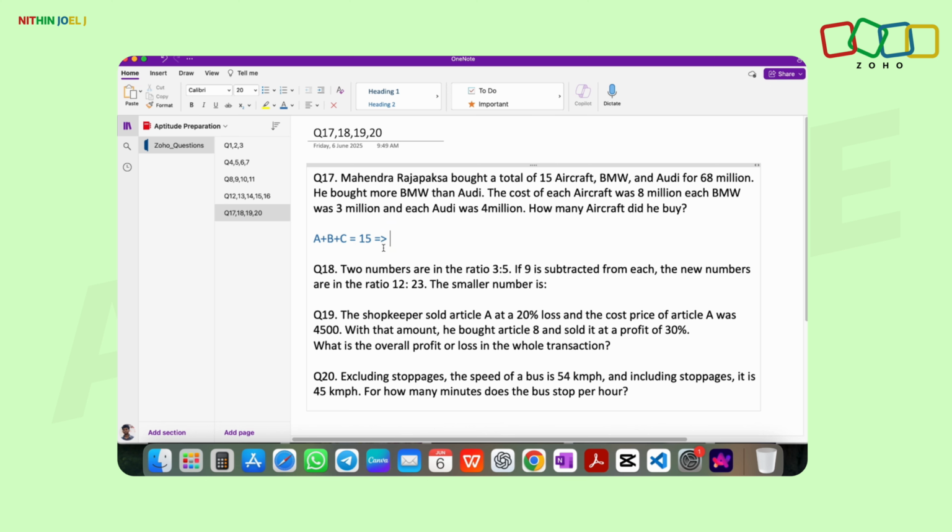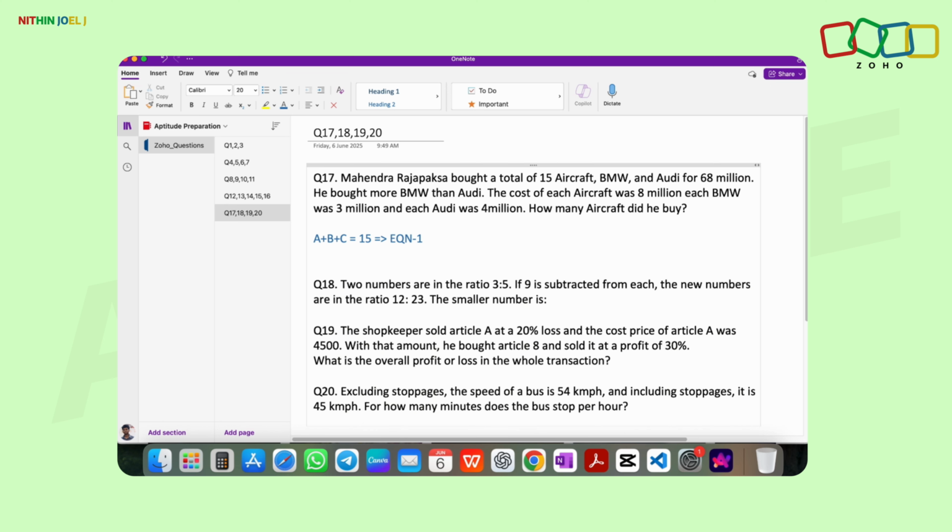So we got an equation saying A plus B plus C is equal to 15, which is equation 1. In the next step, they have given the cost of each aircraft was 8 million. So 8A.